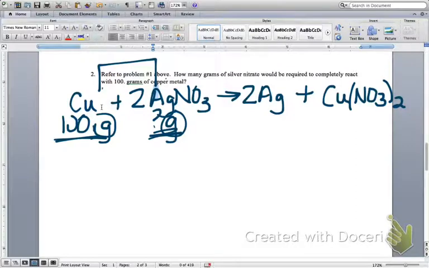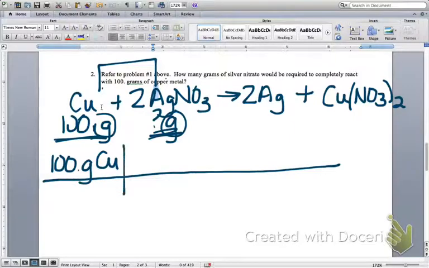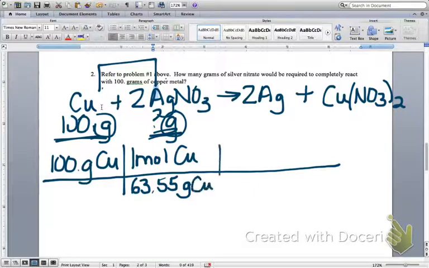So the very first thing I'm going to need to do is convert 100 grams of copper into moles of copper. Okay? So I need the molar mass of copper again. 1 mole of copper, what was that molar mass? You got it, 63.55 grams of copper. Okay? So that gets grams of copper to cancel out.